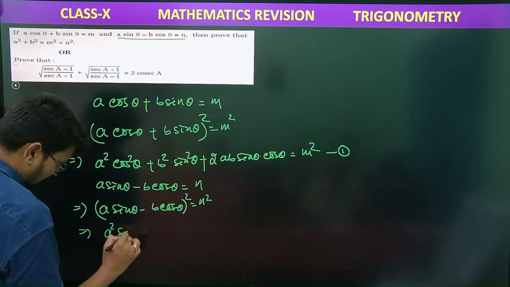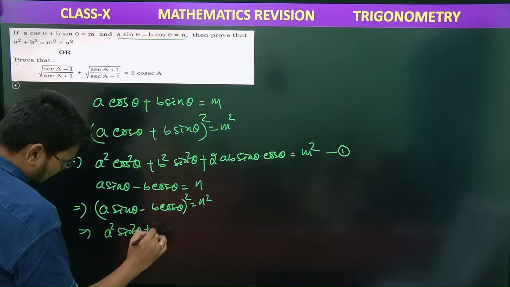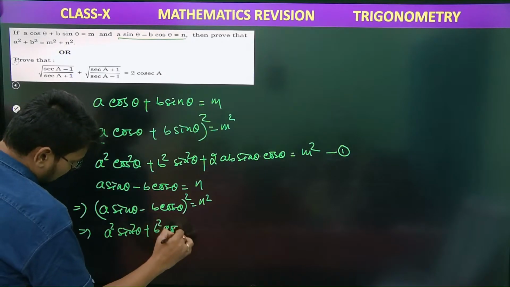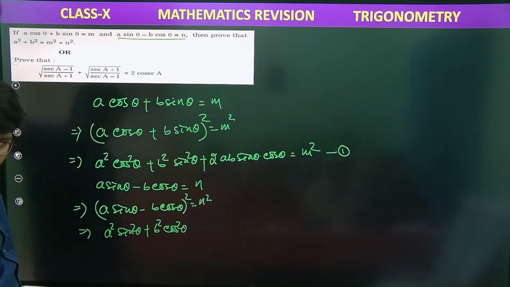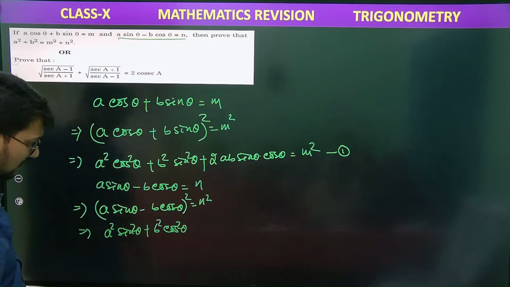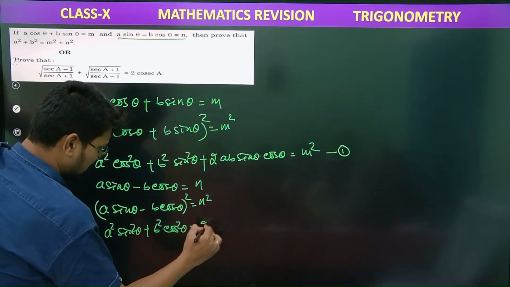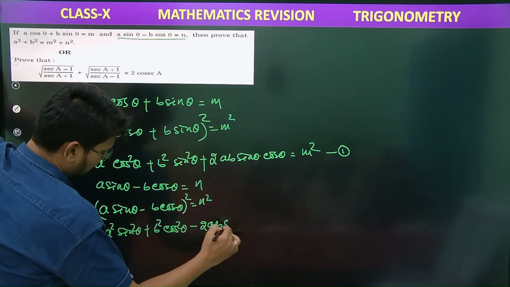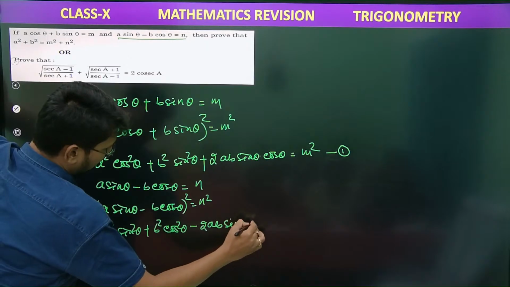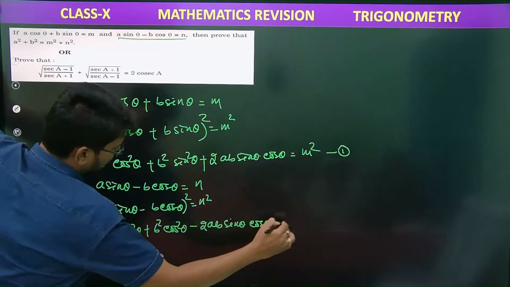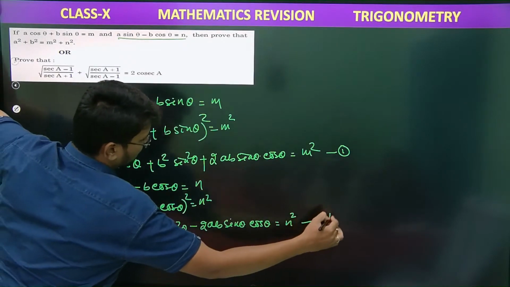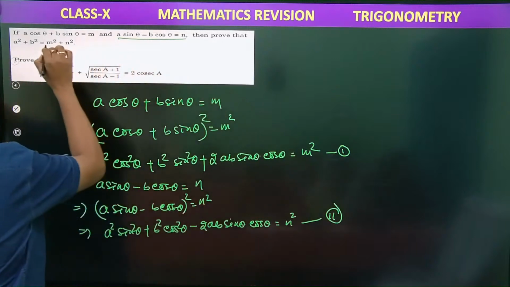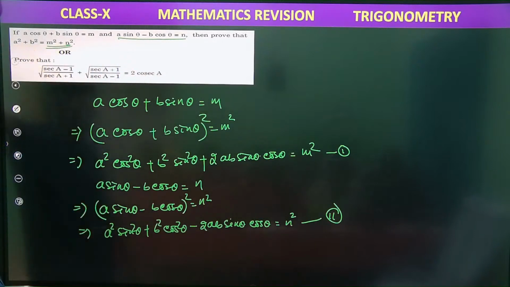A square sin square theta plus B square cos square theta minus 2AB sin theta into cos theta equals N square. This is number two equation. The question is asking to find M square plus N square as A square plus B square.